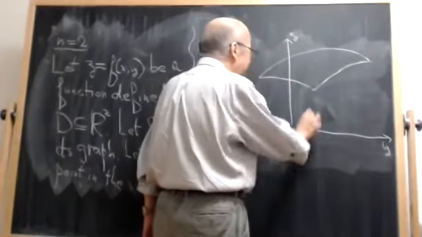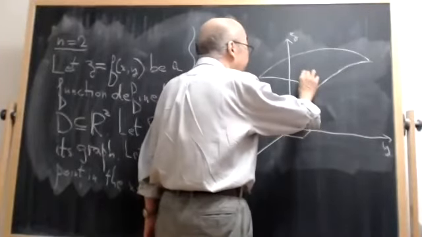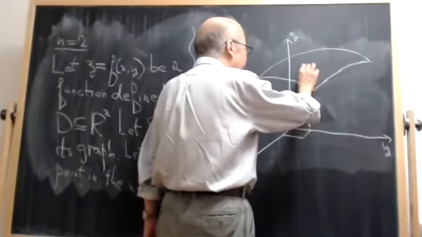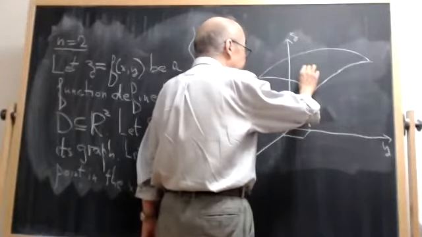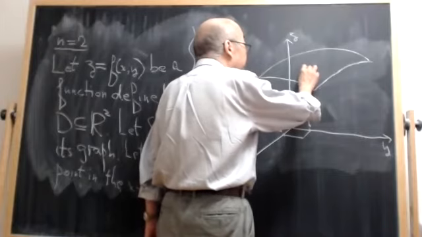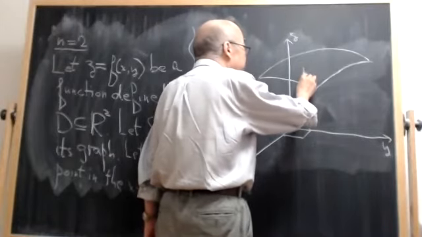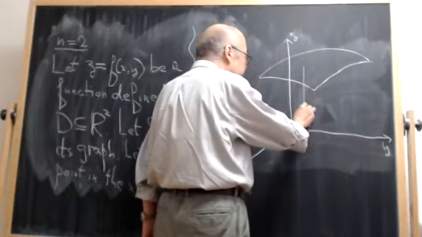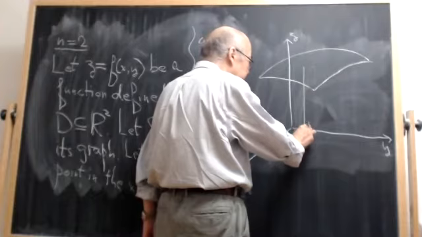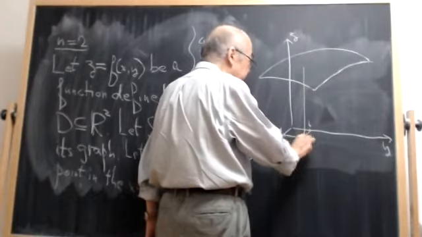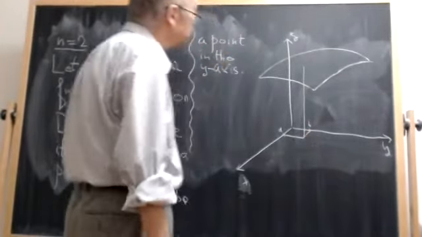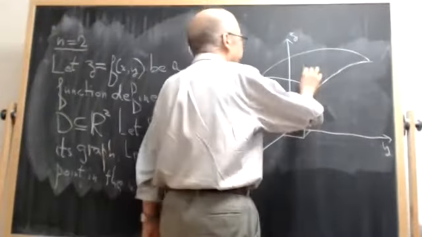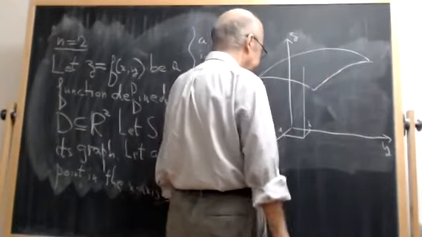And the point AB here has a point on the surface. So we have this one here.